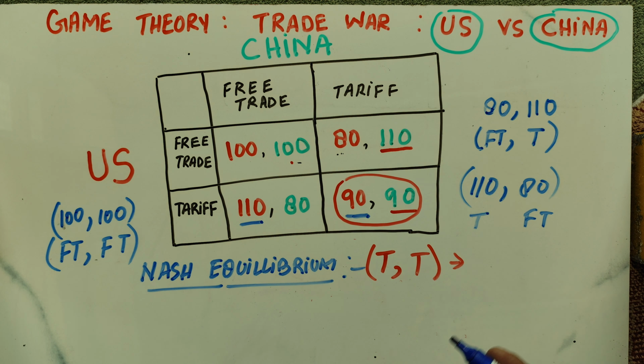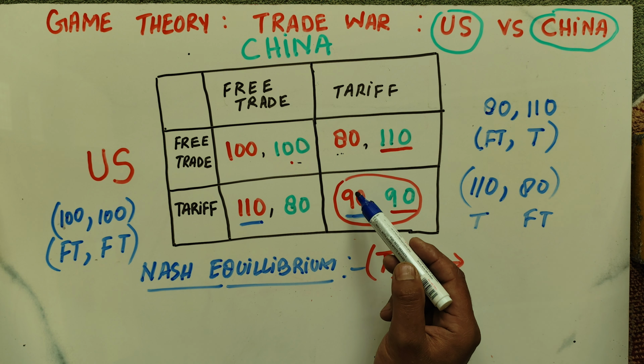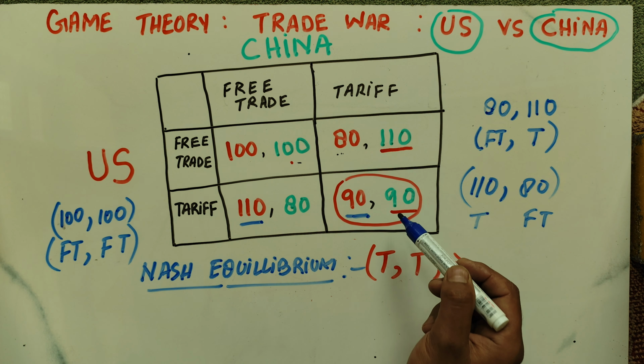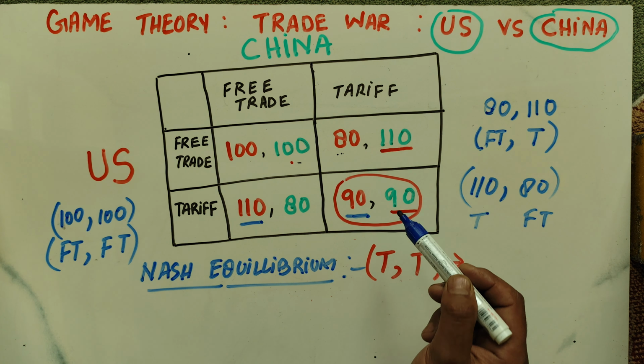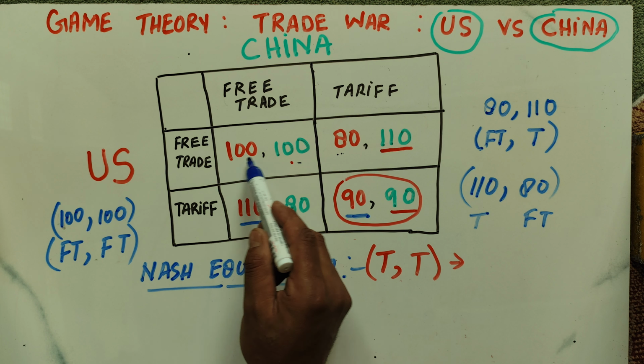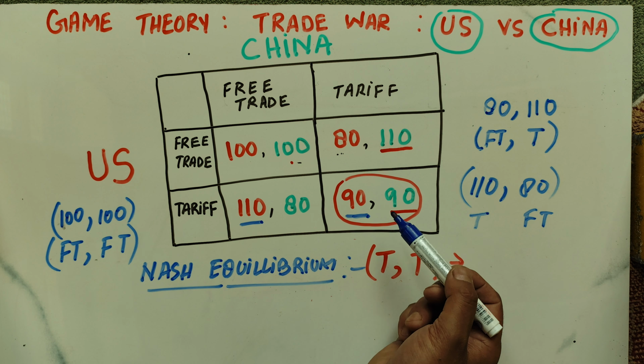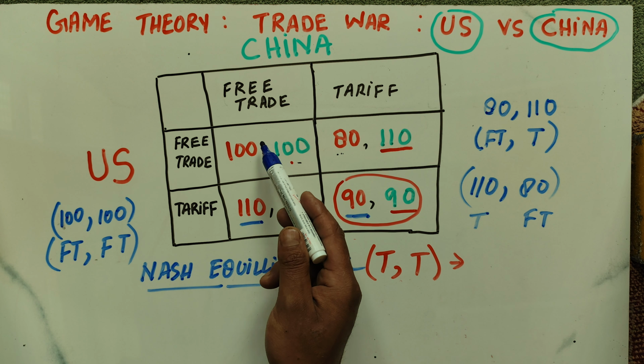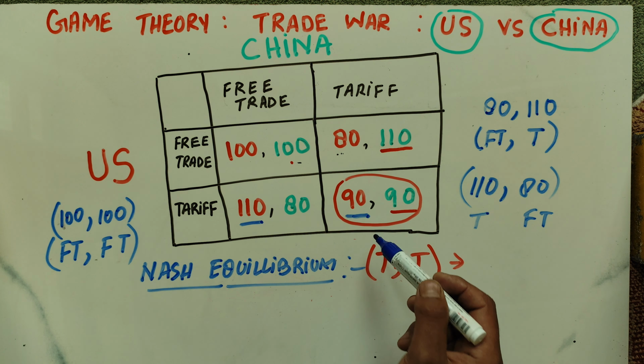It's a situation where no player can be made better off without making the other person worse off. So both countries would have improved if both had chosen free trade, because you can see they both get 100 if they choose free trade, but if they opt for this trade war, both lose payoff compared to free trade.